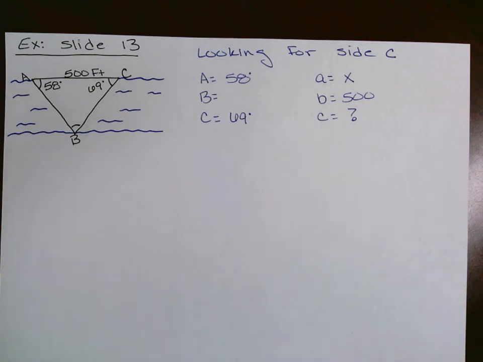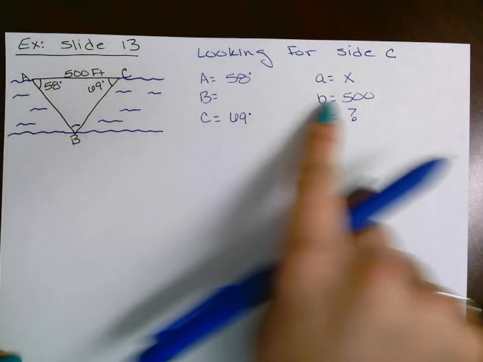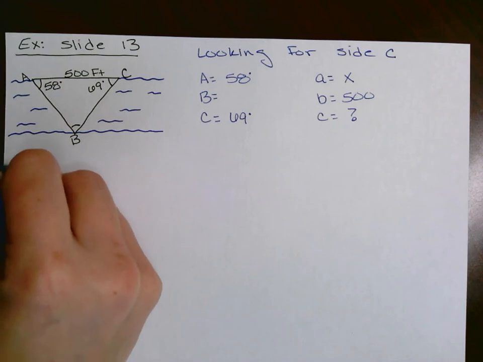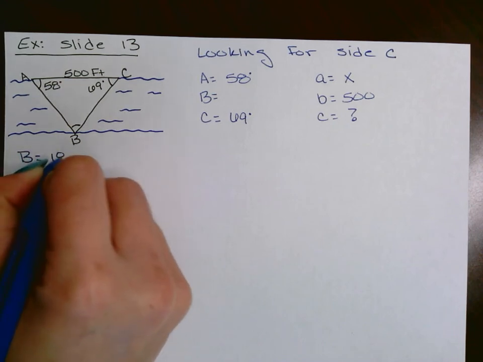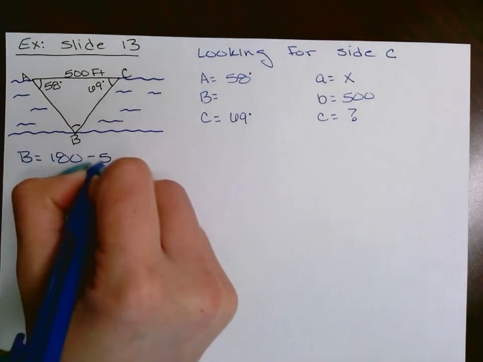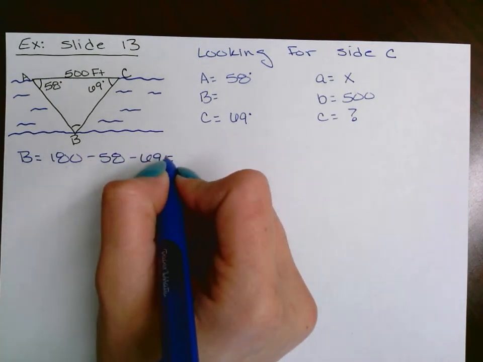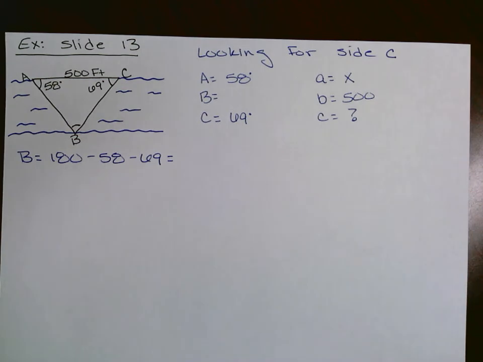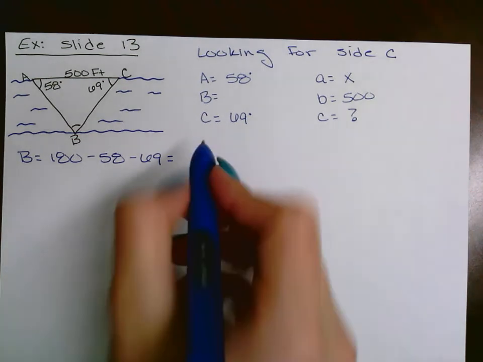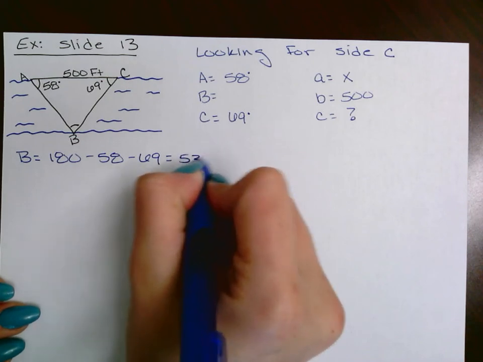So, step one, do I need to do the 180 rule? Yes, I do, because I need to get my match with B. So, for capital B, I'm going to say 180 minus 58 minus 69, and that gives me 53.